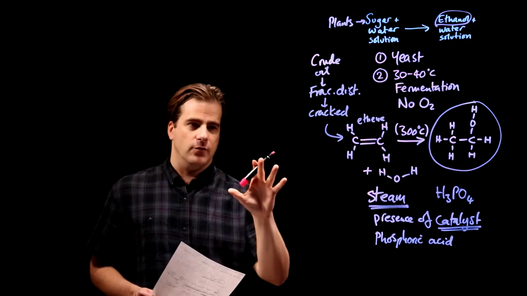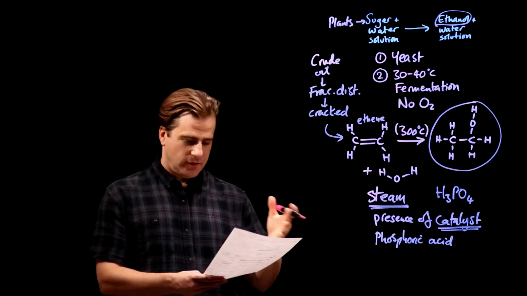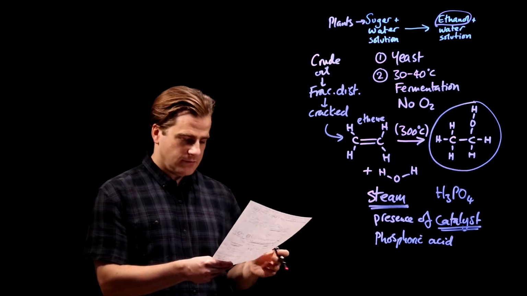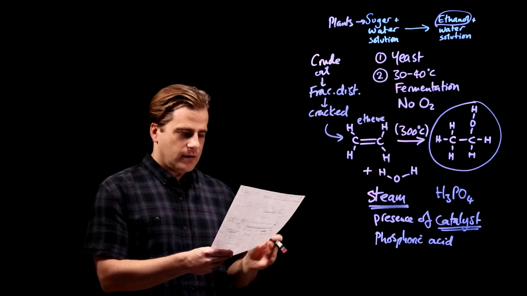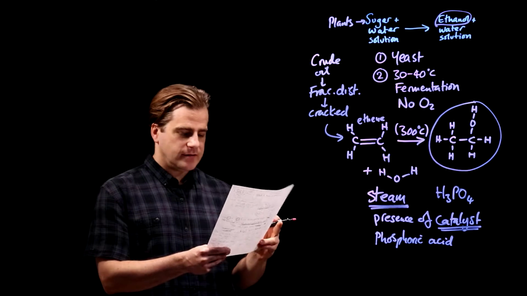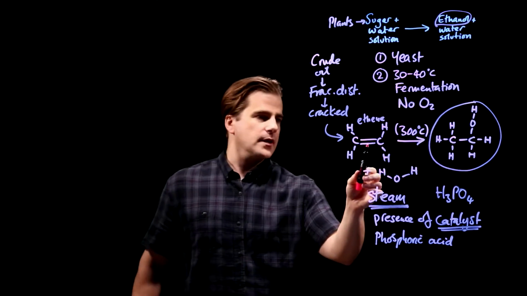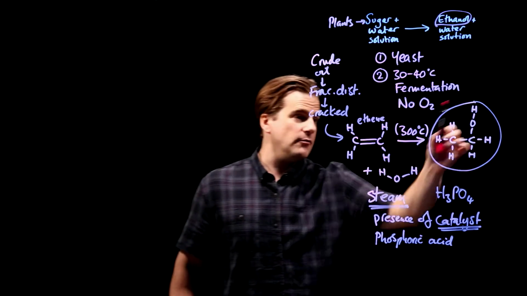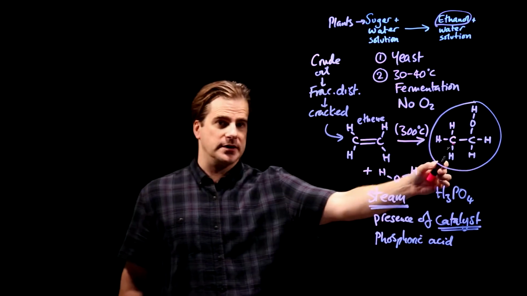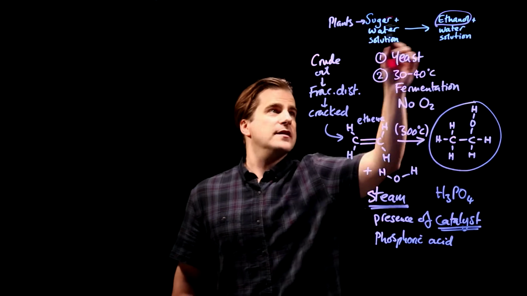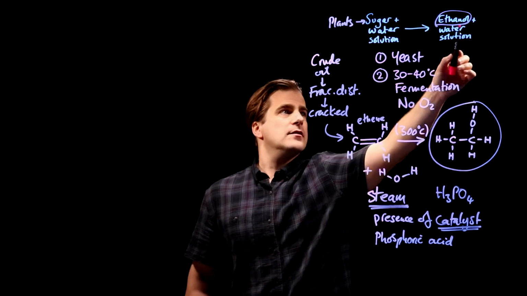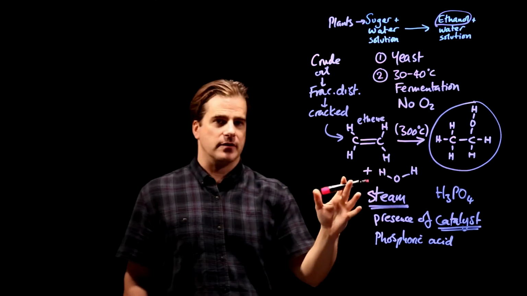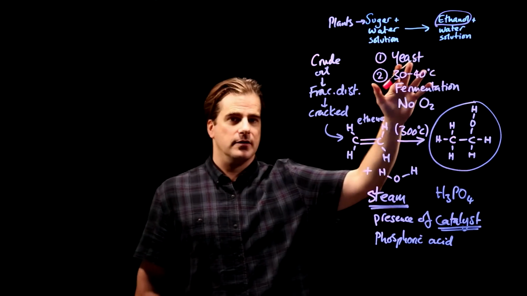You only have to give 1 advantage, okay, but I'm going to give you 3 here and pick your favorite. Reason: another reason is that this method produces pure ethanol, okay? It's the only thing on the right hand side of this equation. But with the plant method, the ethanol is still mixed in with the solution in the reaction mixture, so it has to be separated out.